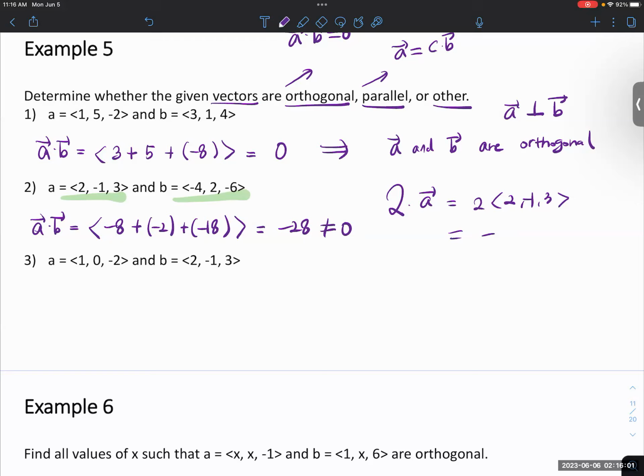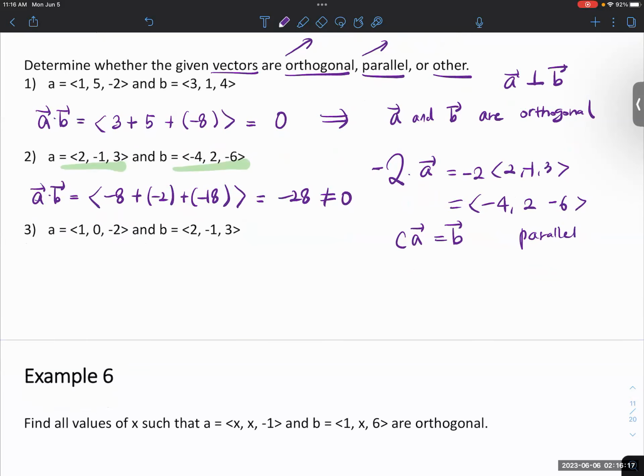Actually, if you multiply by negative 2, we get negative 4, positive 2, negative 6. So this is exactly C times A vector, and we got B. This is parallel. One vector goes one way and the other goes the opposite way and is longer, because you multiplied by negative 2. So they're a parallel relationship. Okay, so parallel, and the first one is orthogonal, perpendicular.